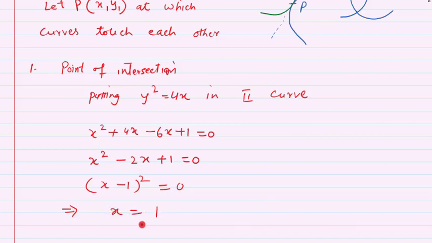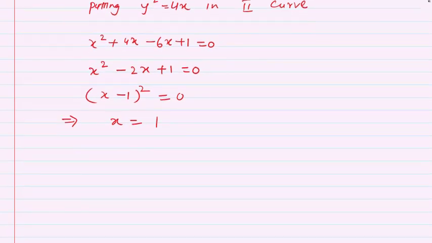So this is the value of the x coordinate, that is x1, for the given curves. Or we can say x1 is equal to 1. Now let us calculate the value of y by putting this value of x in any of the curves. So let us put this value in this curve. So y square is equal to 4 into 1. So we are getting y square is equal to 4, means y is equal to plus minus 2.